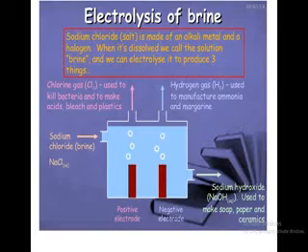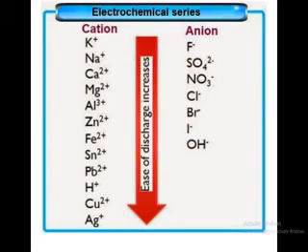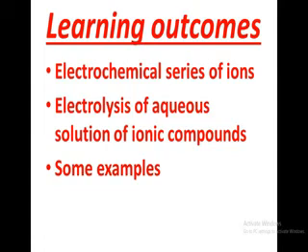We have done enough examples. I guess this is quite clear to you. Let's review. In the learning outcomes, we discussed the electrochemical series of ions, where the positive ions present high above in the electrochemical series are much more reactive and much more difficult to discharge.